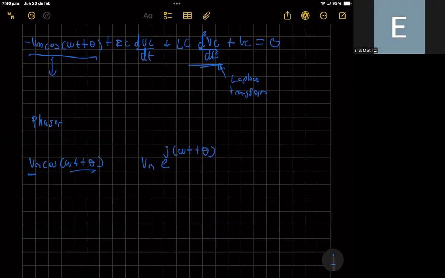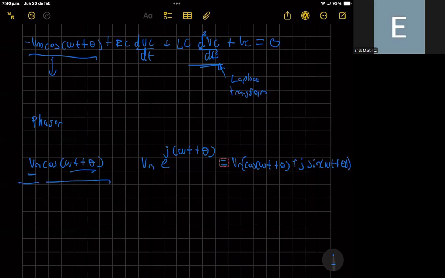And by Euler's identity, I know that this complex exponential is equal to Vm times the cosine of omega times t plus theta, plus j times the sine of omega times t plus theta. If you look at this expression, you can notice that the real part of Euler's identity is equivalent to the sinusoid that I have originally.